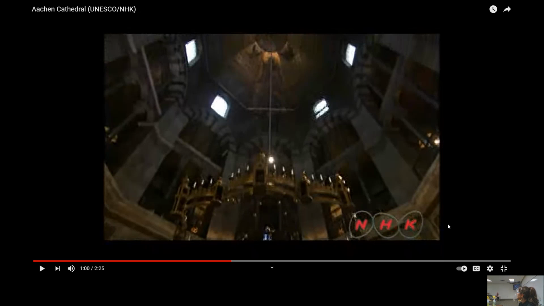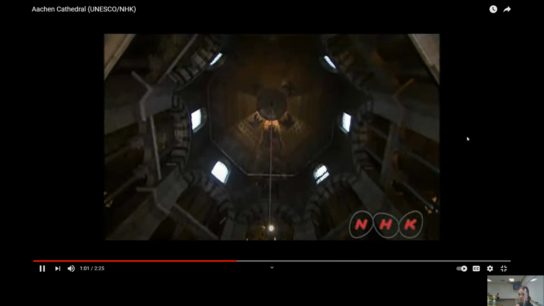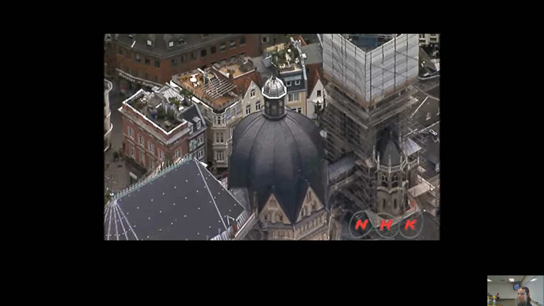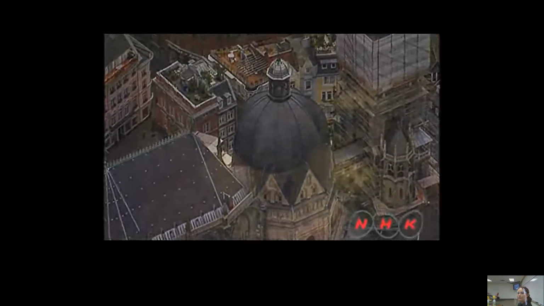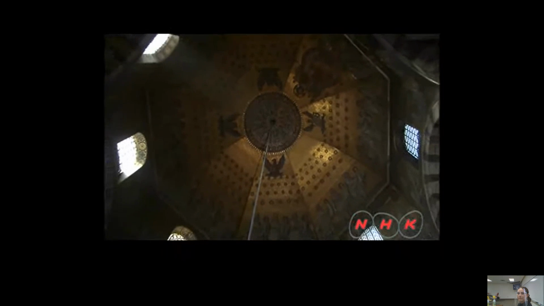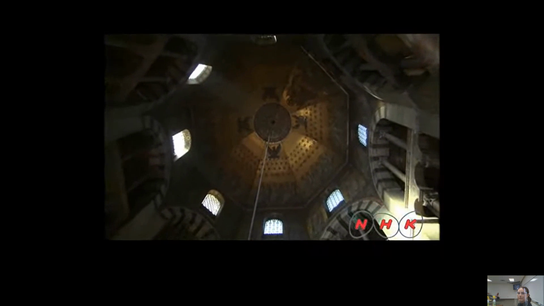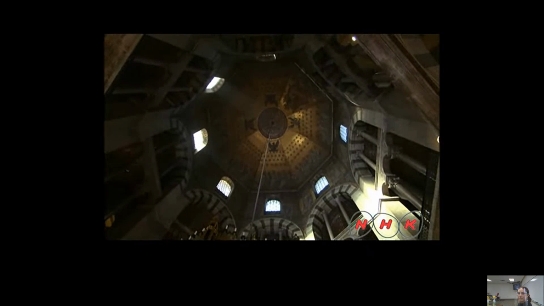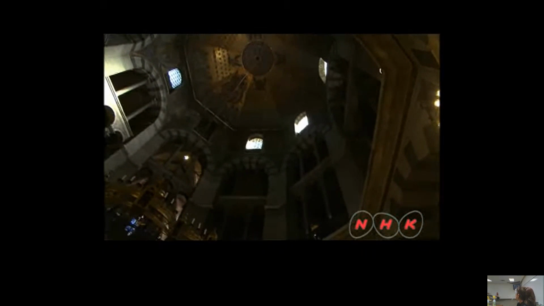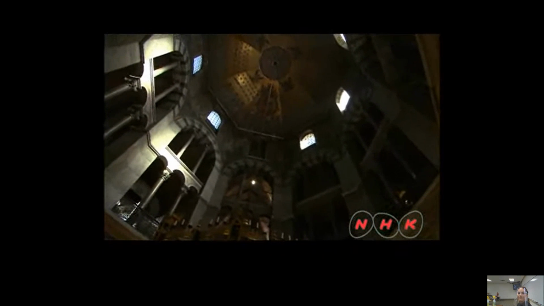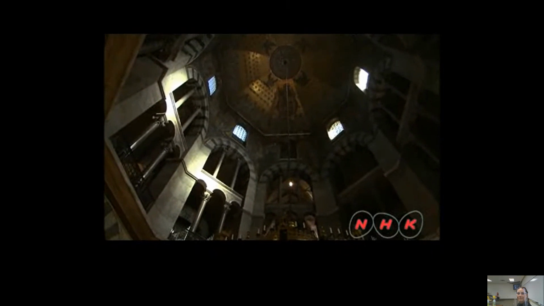So this is a two-level building, but the upper level was reserved for royalty. For them, not for everyone.